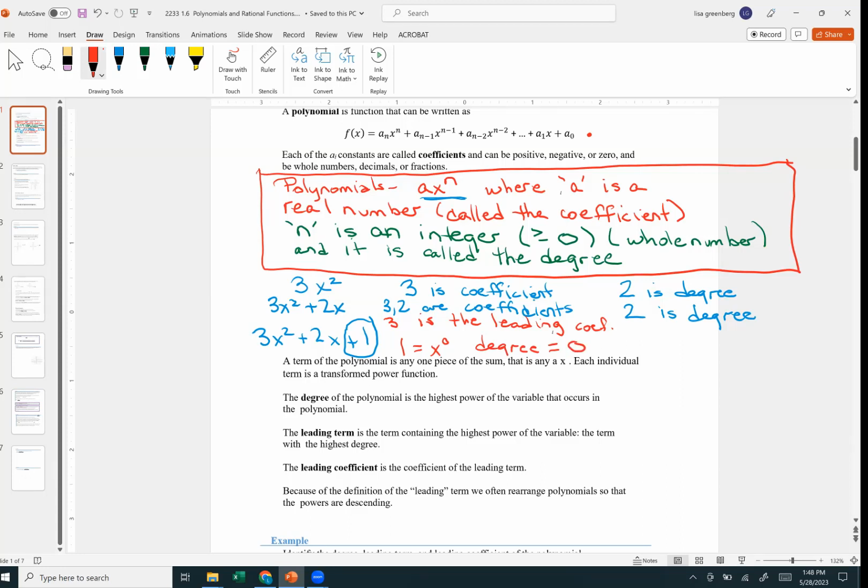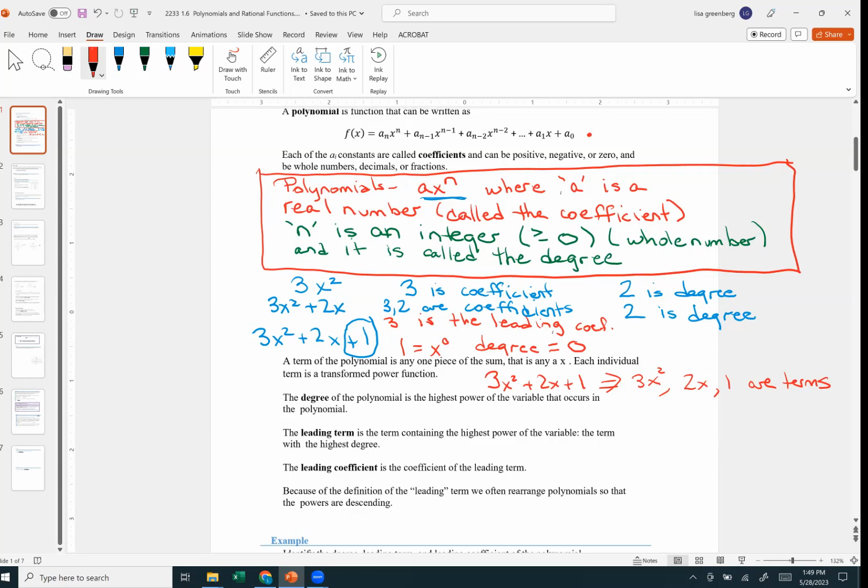Basically, what they're saying is that if I were to have our 3x squared plus 2x plus 1, then 3x squared, 2x, and 1 are terms. They're just any piece of the sum of all of them.